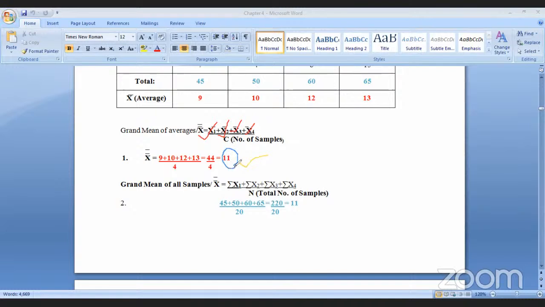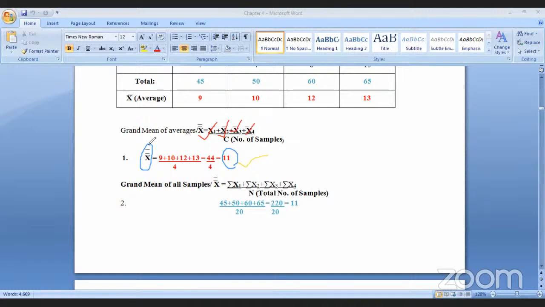Then grand mean of all samples, that is X double bar. Here also X double bar is equal to 9 plus 10 plus 12 plus 13 by 4, 44 by 4, we got 11. In the same manner, grand mean of all samples, X double bar is equal to sigma x1 plus sigma x2 plus sigma x3 plus sigma x4 divided by N. Sigma indicates the sum of the above values, that is 45, 50, 60, 65.